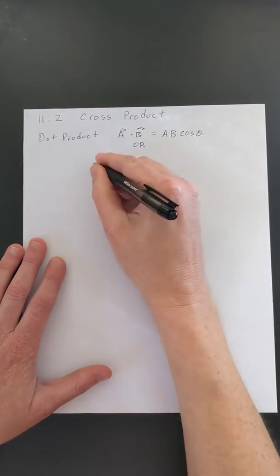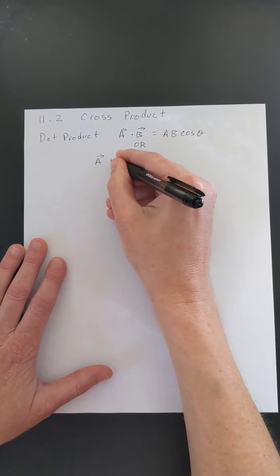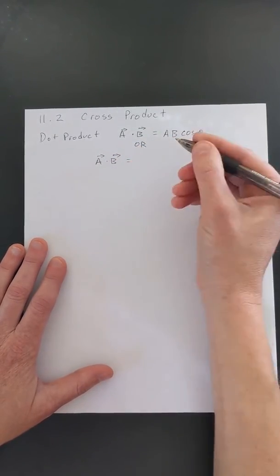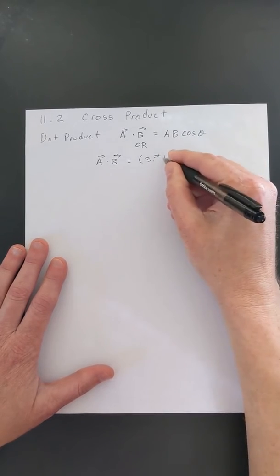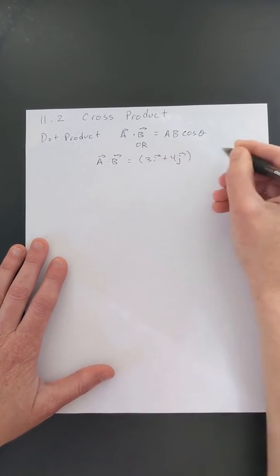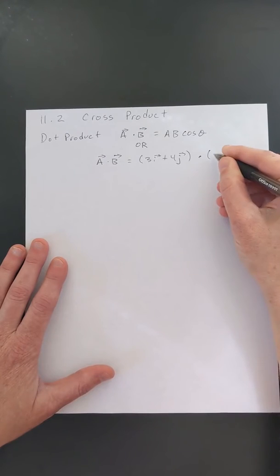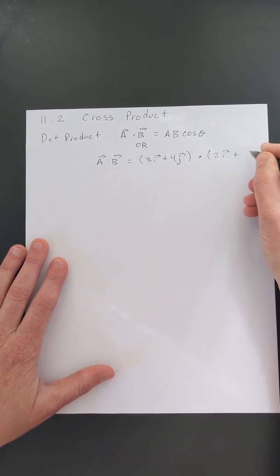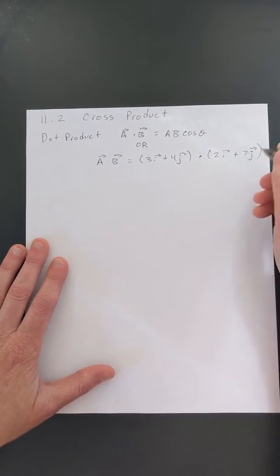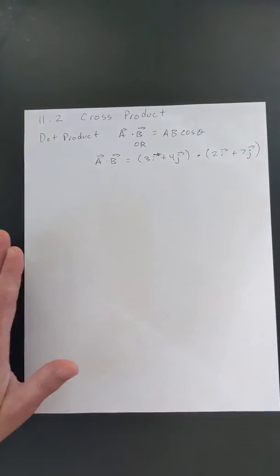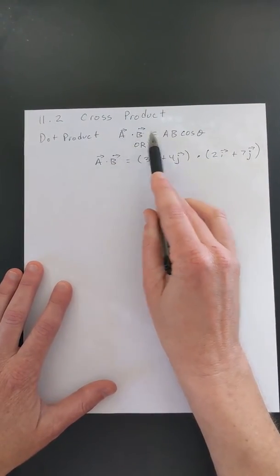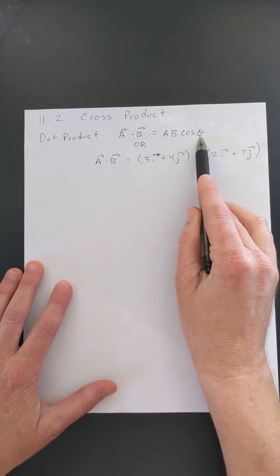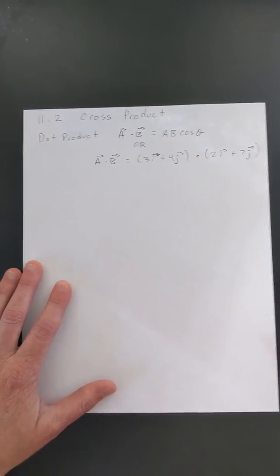And so you could take A dot B and do like 3I plus 4J dotted with 2I plus 7J or something like that. What you would do is get the magnitudes of A and B, put them here, do the cosine of the angle between them, and you'd have the dot product.